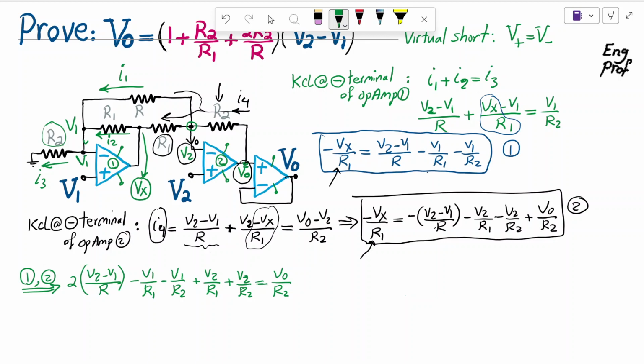Okay, so let's multiply both sides of this final equation by R2 so that we get rid of R2 in the denominator of Vout.